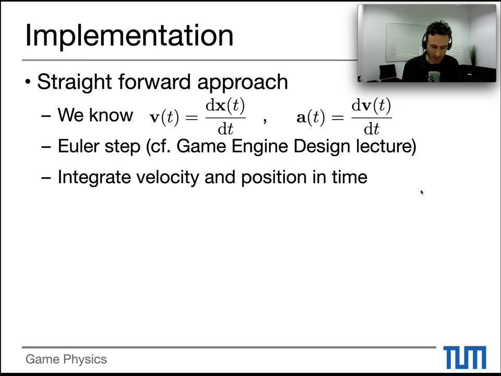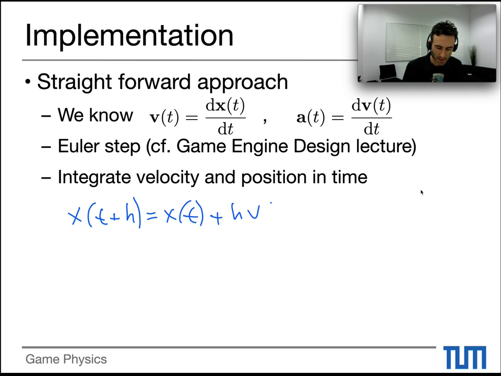And the way to do this is relatively straightforward, right? So this relationship basically tells us the velocity is the change of position over time. So in practice, what we can do is the position at a time t plus some delta t, or h as we'll typically call it, is actually the position at time t plus h times the velocity at time t.